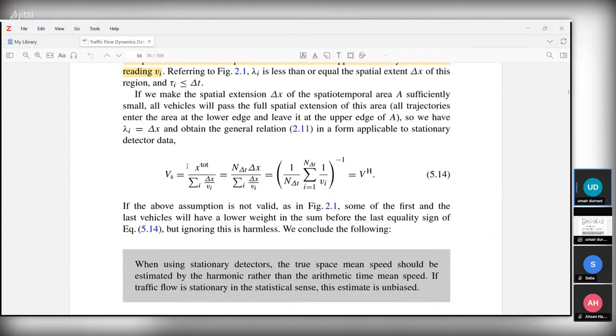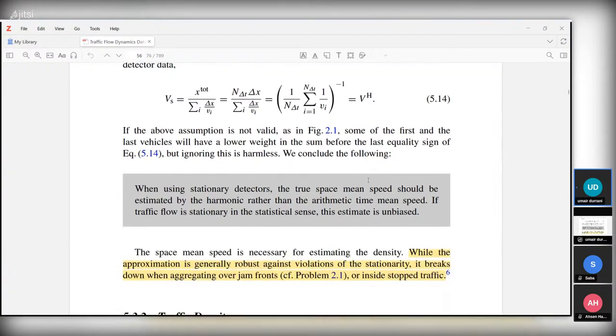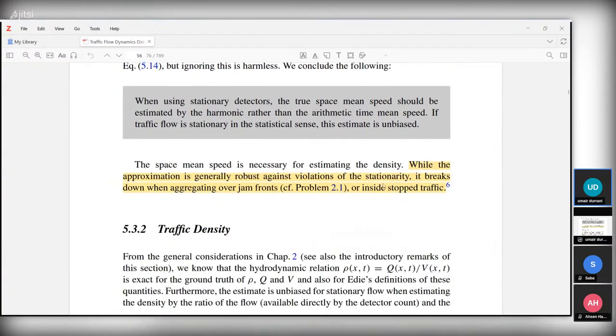And then later, it is also shown again that the space mean speed comes out to be equal to the harmonic mean speed. So if we can estimate or get from the detector data the harmonic mean speed, then we are able to directly use the hydrodynamic relation of rho is equal to q over v. And for v, we would use the harmonic mean speed.